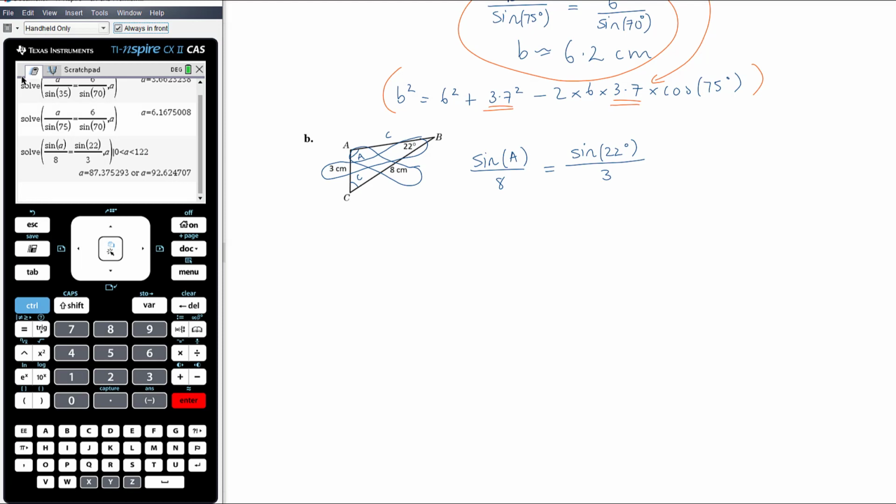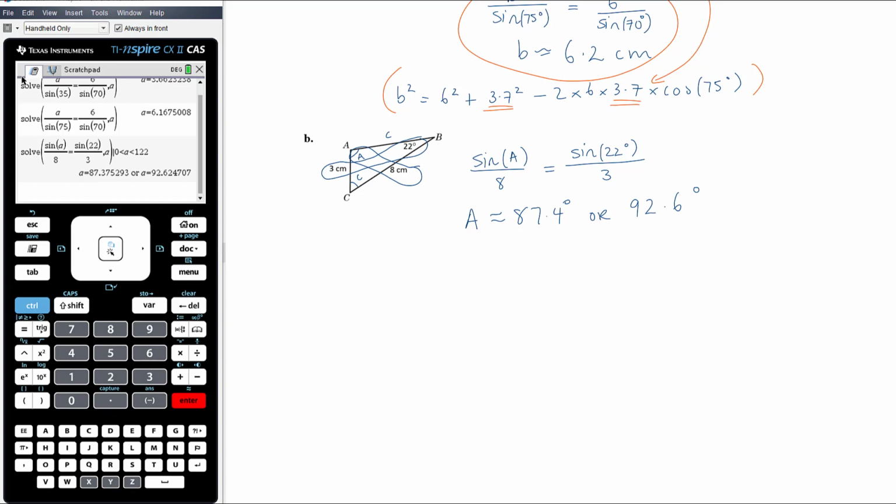In this instance we find that there's two possible values for A. This presents us with a bit of a problem, in that there's going to be two complete sets of correct answers. So it's important that you're clear about which set is going to work with which set. A is going to be one decimal place, so 87.4 degrees or 92.6 degrees. They're very, very similar.